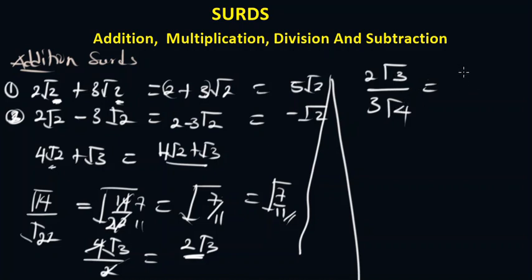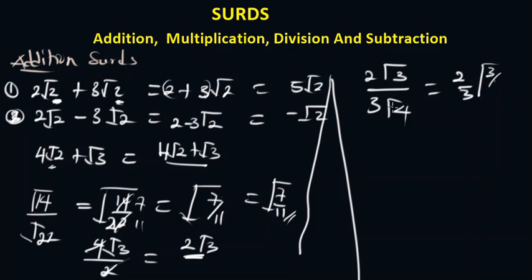So this one will be outside, so 2 root 3. We can bring this one out, and then we can have the root of 3 on top, but before then we can break this one down.